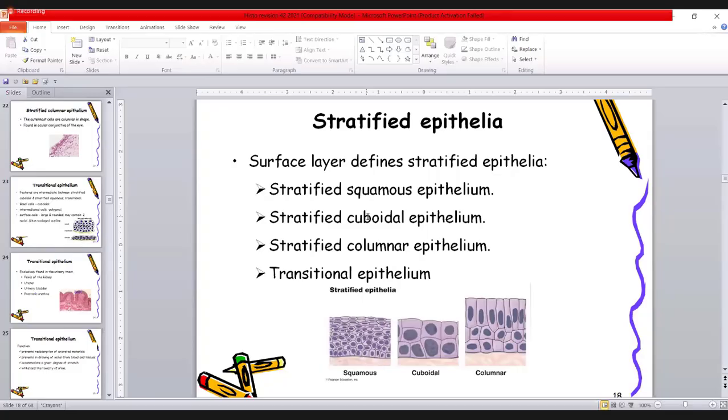Is that biologically possible? No. The shape of cells can be changed, but the number of cell layers stays constant. So why is it called transitional epithelium? What does it transit between?